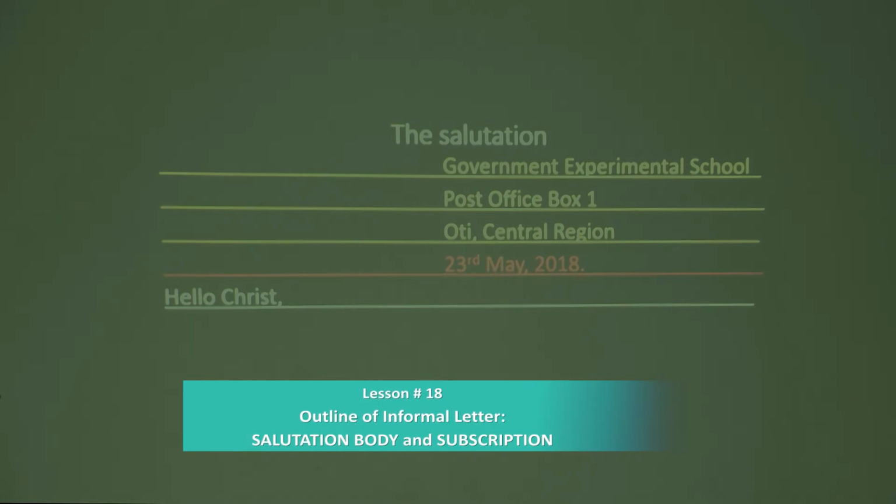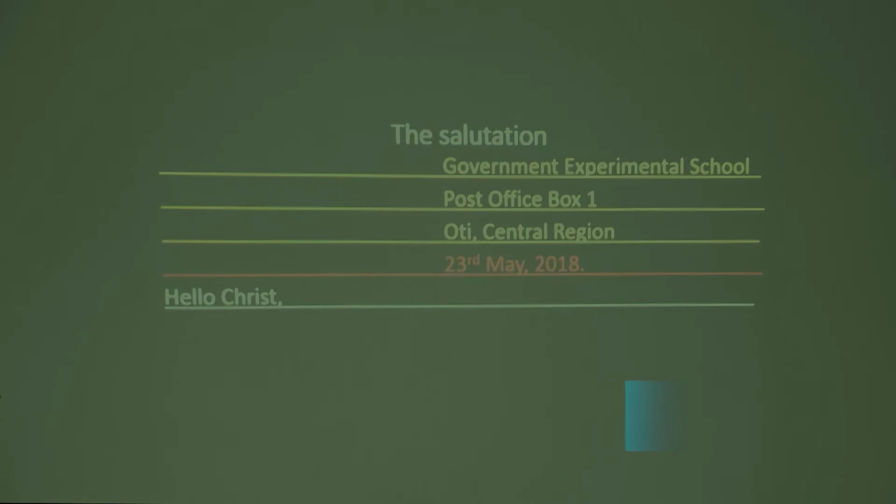Good. I must say that this format of our address is strictly by WAEC's standard. This is by WAEC standard. But in general writing, in the world of business, this is not the format we use. And I don't need to bore you with that because we are preparing you to pass your examination at WAEC.